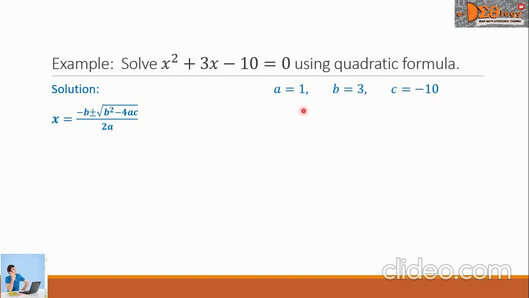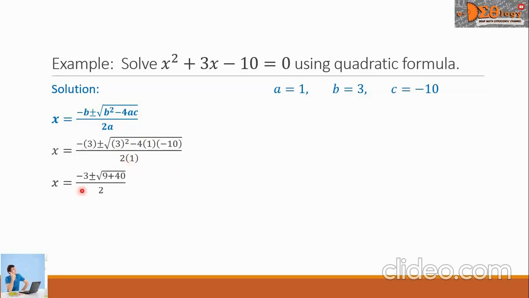Next, let us substitute these values in our quadratic formula. So we have now x equals, the negative b is now negative of 3, plus or minus the big square root, b squared now becomes 3 squared, minus 4ac, and this is 4 times 1 times negative 10 all over 2a, and this is now 2 times 1.